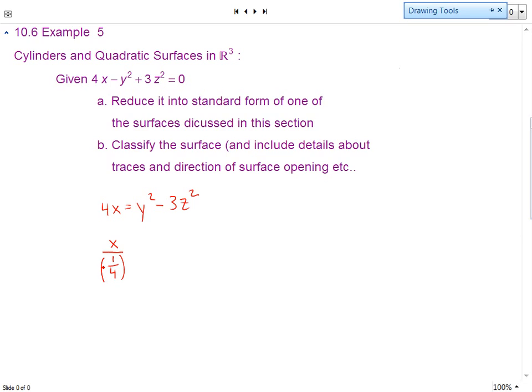Not squared, though, because in the formula it's what? X over some constant, right? Now, what about y squared? Y squared over 1 squared. And then minus z squared over 1 over root 3 squared.